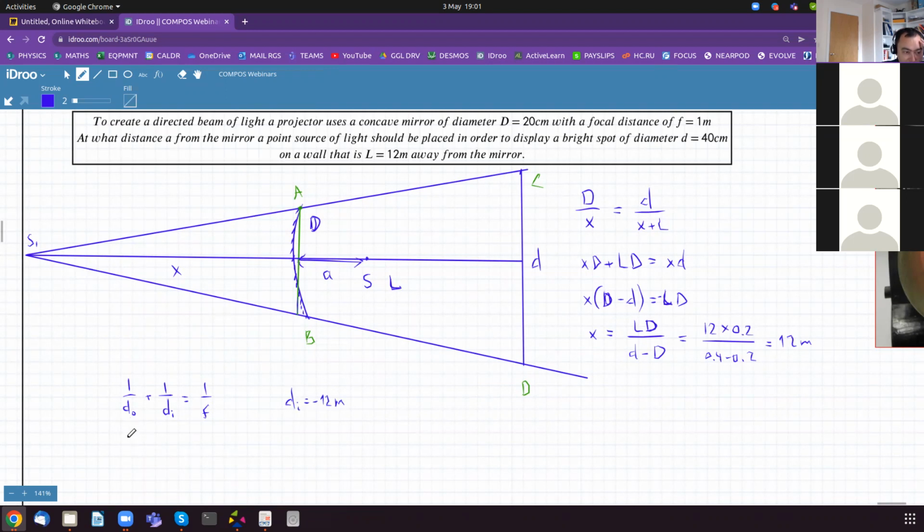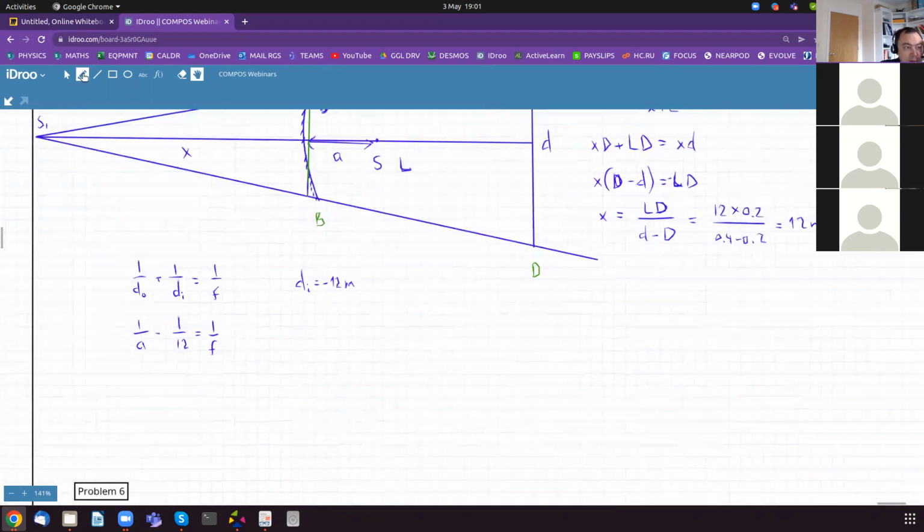Therefore, 1 over A minus 1 over 12 equals 1 over F, and F is 1 meter. We know that.